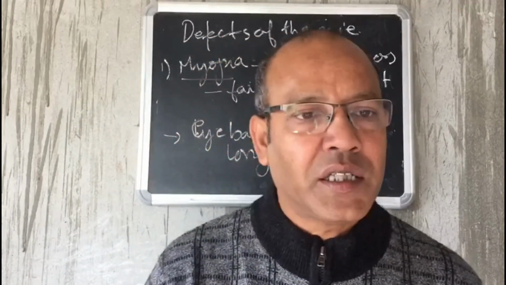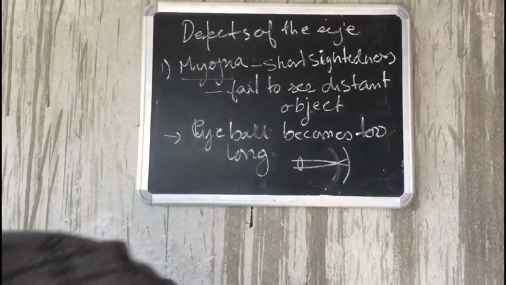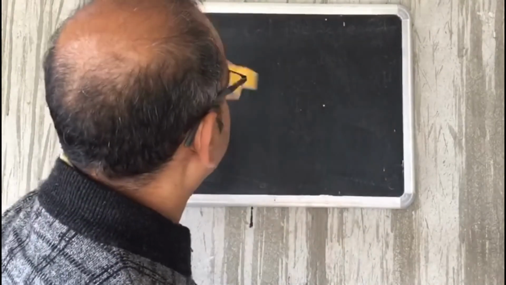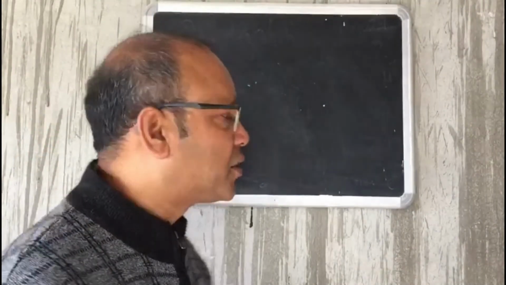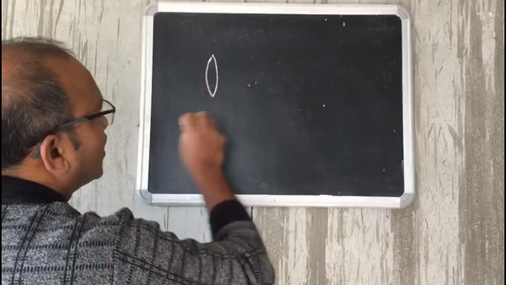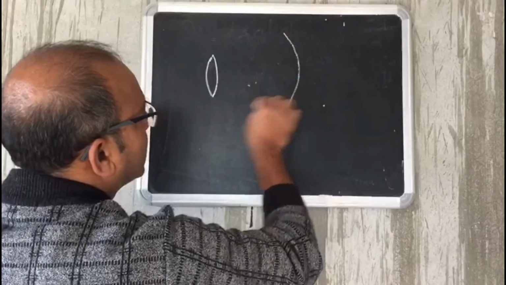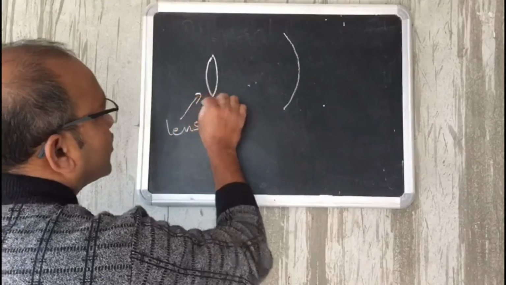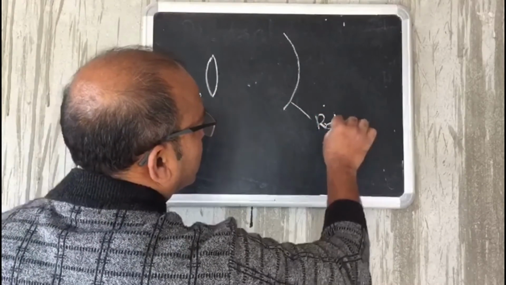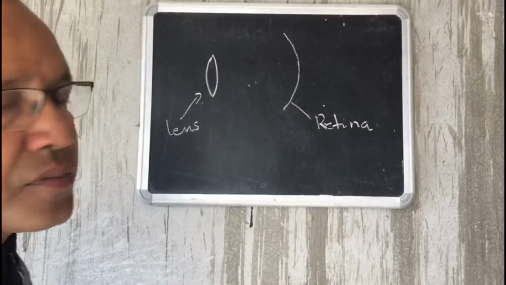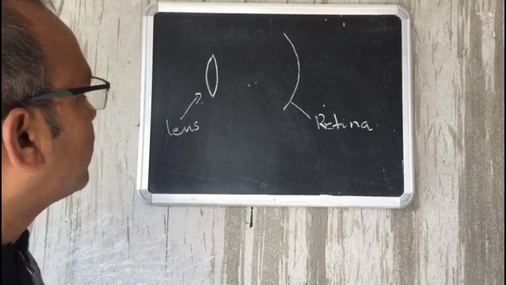Now, how are we going to correct this? To correct this, we use a biconcave lens. Just to let you understand, this is the lens and the retina.